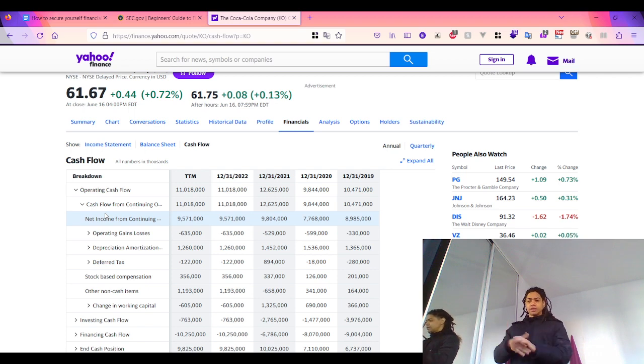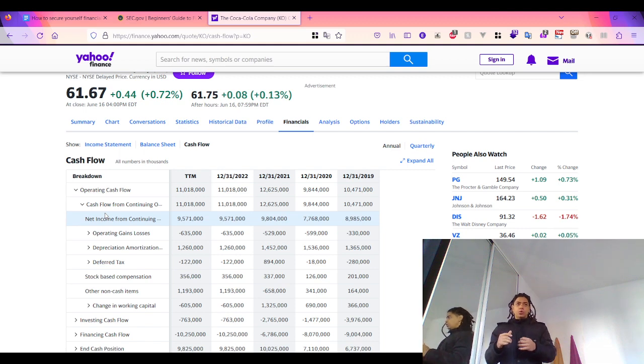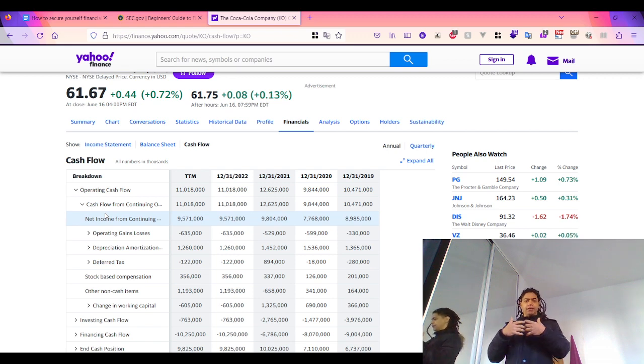And also we have installment loans. This is when you, for example, ask a lender to purchase assets.